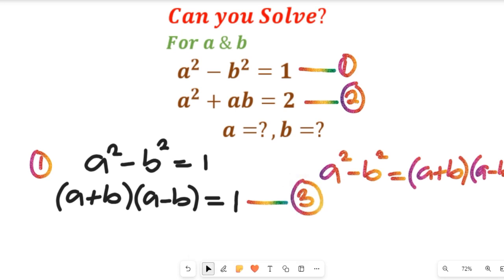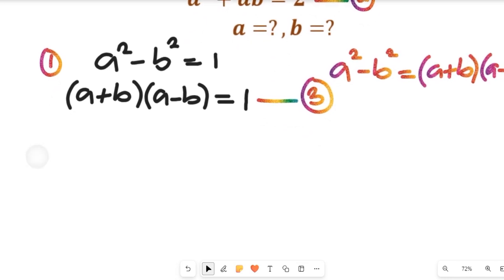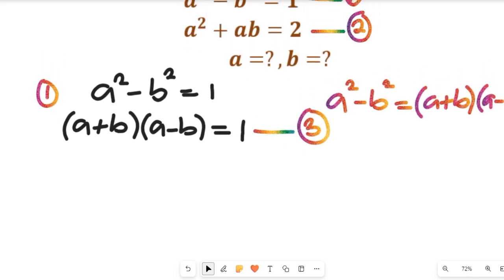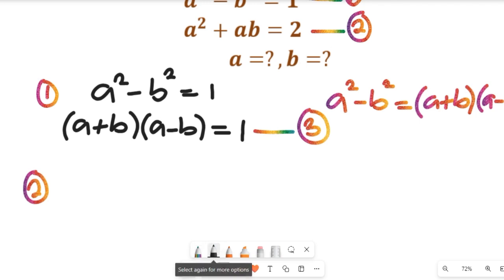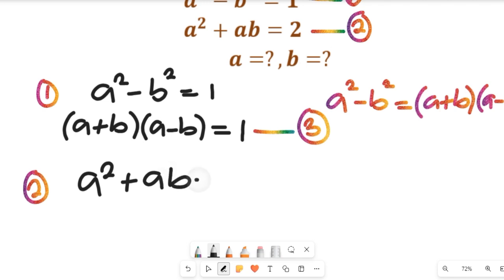Great. Now let's go to consider equation 2. From equation 2, we are given that a square plus ab is equal to 2. So what do we do with equation 2?